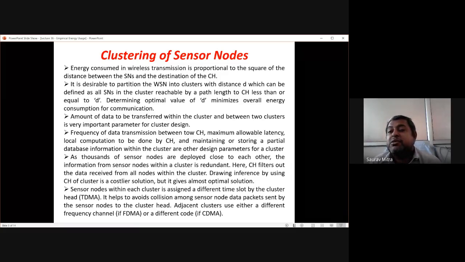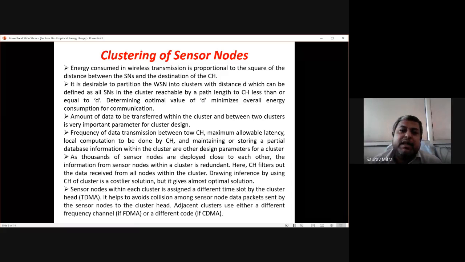Partition means segregate, distributing the whole WSN area into clusters with distance d, defined as all sensor nodes in the cluster being reachable by a path length to the cluster head less than or equal to d. That means from every sensor node, the distance to the cluster head should be within d.